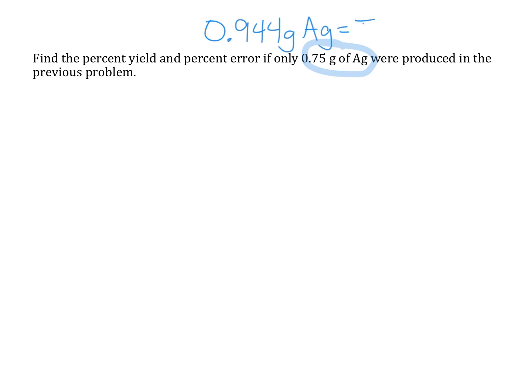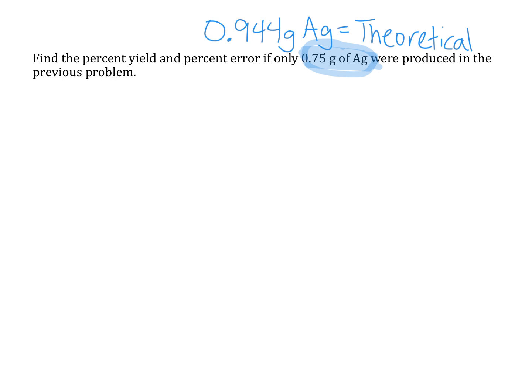But that was our theoretical. From the math, we were supposed to have been able to produce 0.944 grams of silver, but in the lab we were only able to produce 0.75 grams. So in our lab, we made less than what we were theoretically supposed to have made.